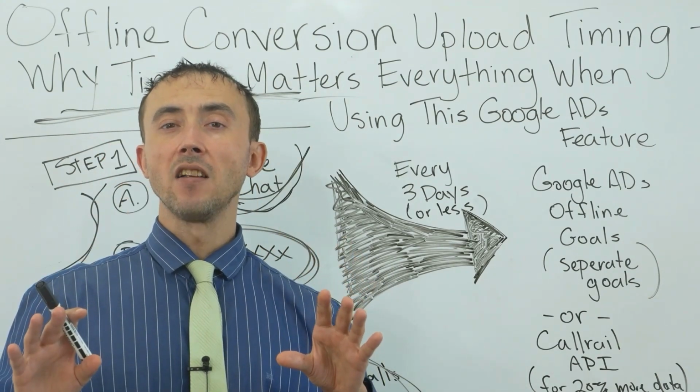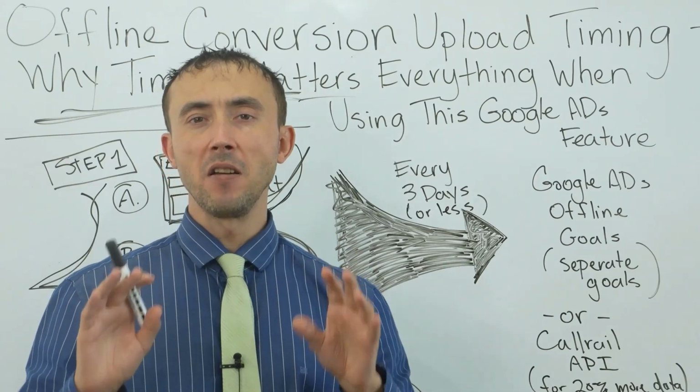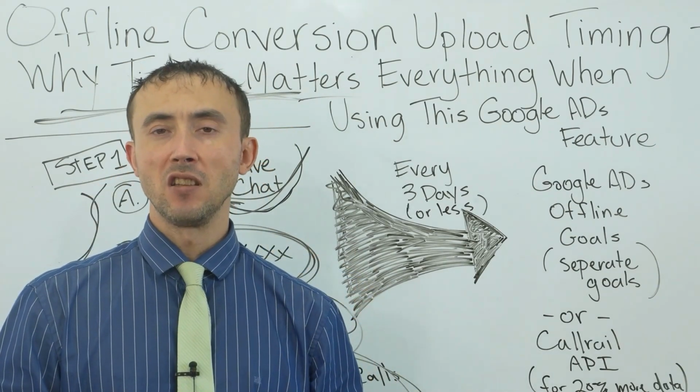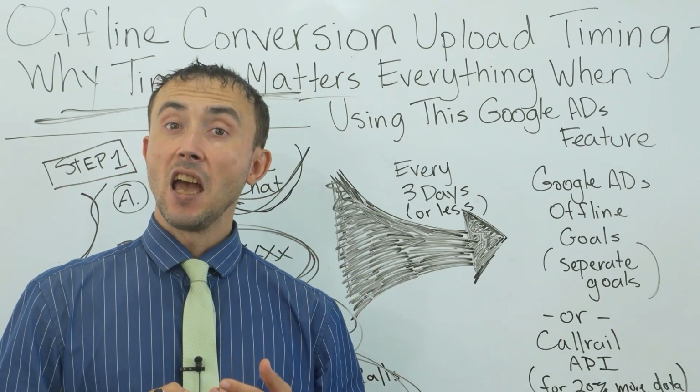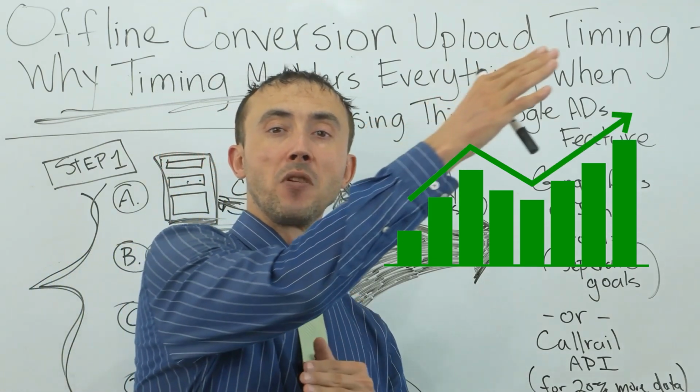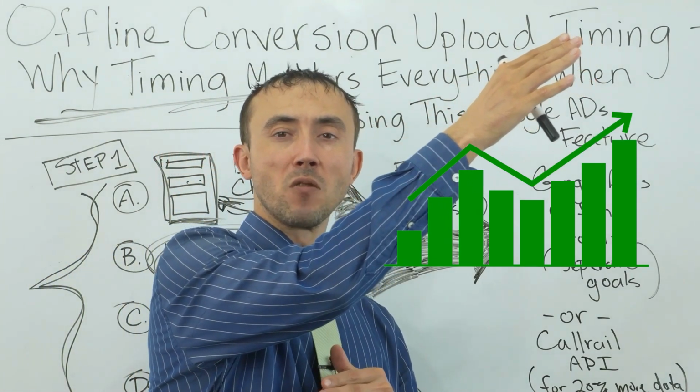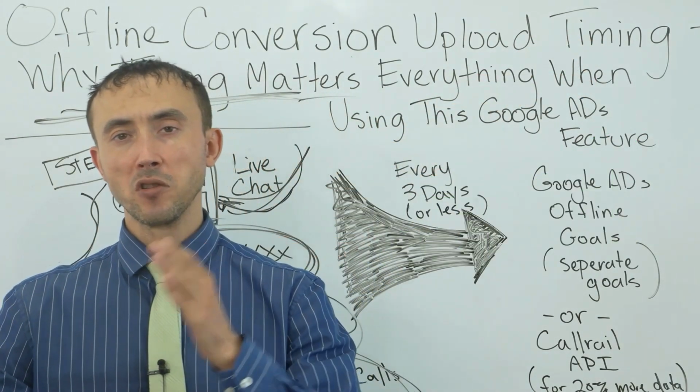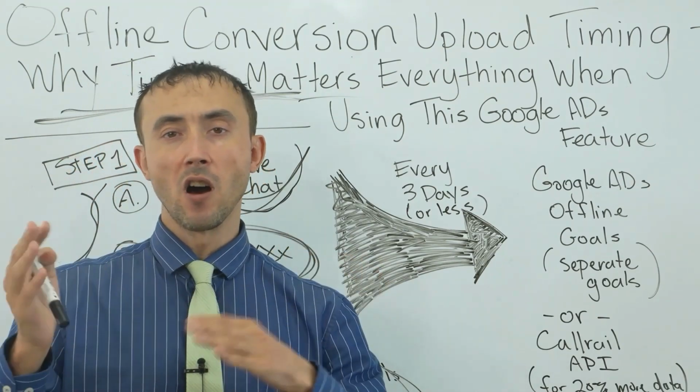If you do that, the ad account is going to run like a well-oiled machine. The sales are going to be very consistent, and you're going to get the most ramp up in the profitability of your ads over time, compared to uploading more slowly and at random times.